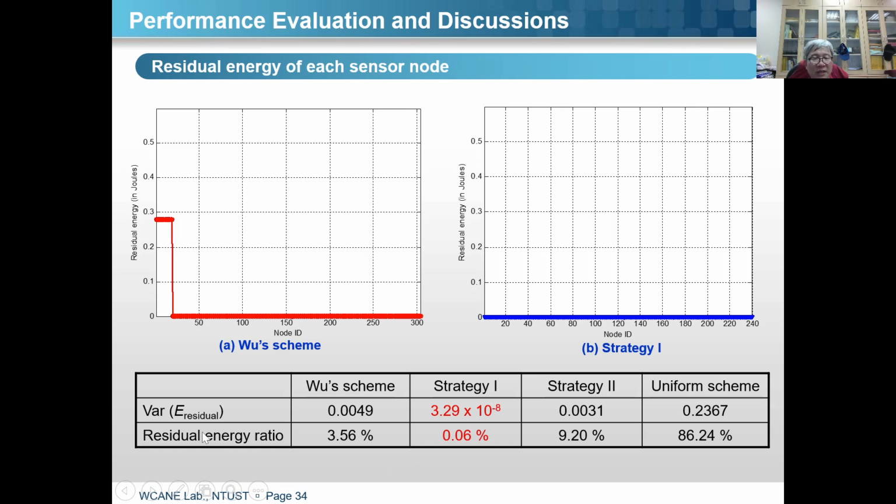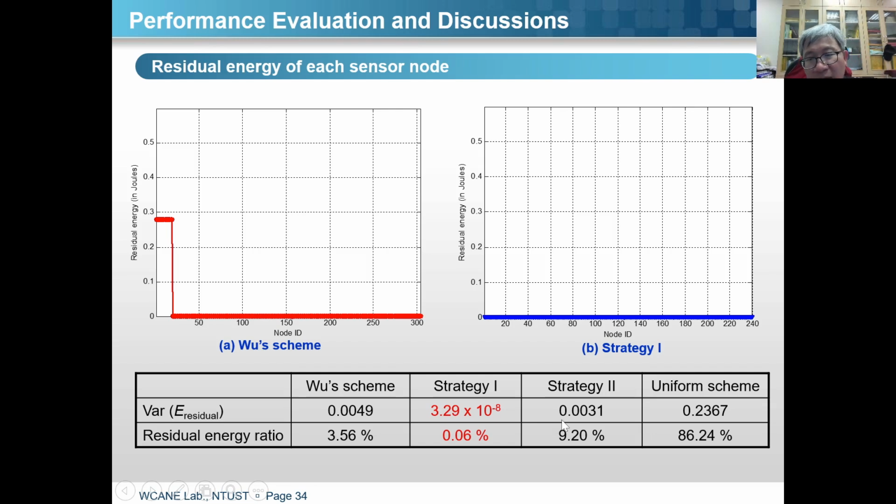If we check further the variance of the residual energy and the residual energy ratio, actually we almost have 0 for our strategy 1, and the Wu scheme maybe a bit, and for our strategy 2, something should be corrected, but it is still near this.